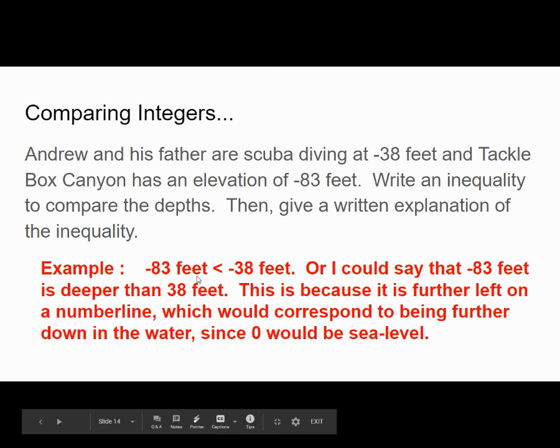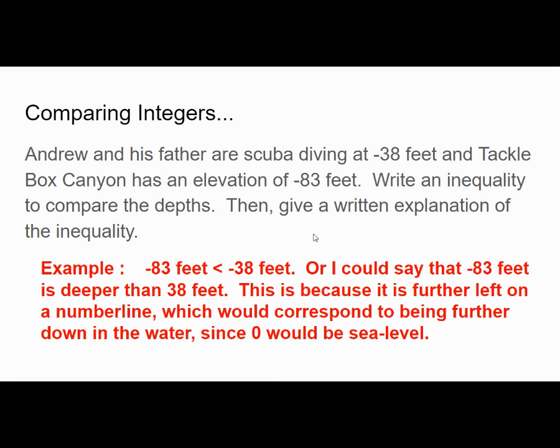And there you go. So -83 feet is going to be further down or less than -38 feet because 0 is your sea level. So if we were thinking of that as a number line, this way would be -83 feet. Closer to the right would be -38 feet. And then, of course, in the center of the number line, right between left and right, would be our 0.